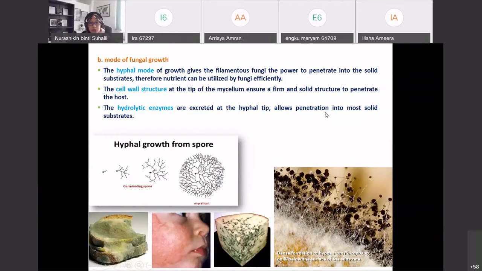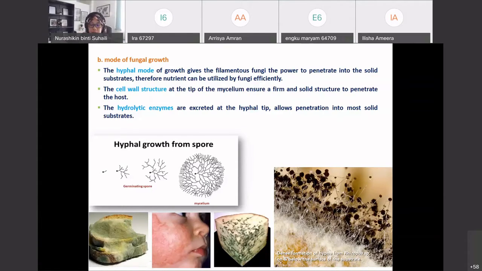The hyphal mode of growth gives the filamentous fungi the power to penetrate into the solid substrate. Therefore, nutrients can be utilized by fungi efficiently. Okay, so I've mentioned about it, right? So if you see this one, hyphal growth from spore. I think you have known already before, right?